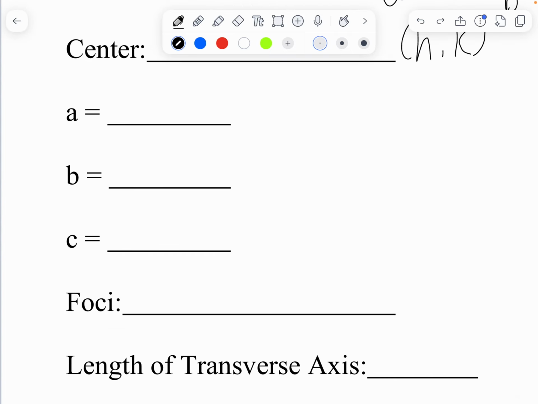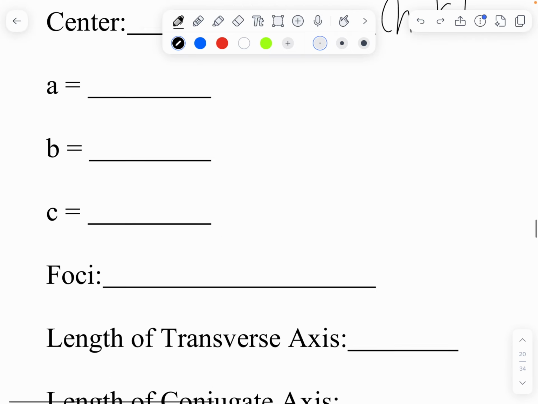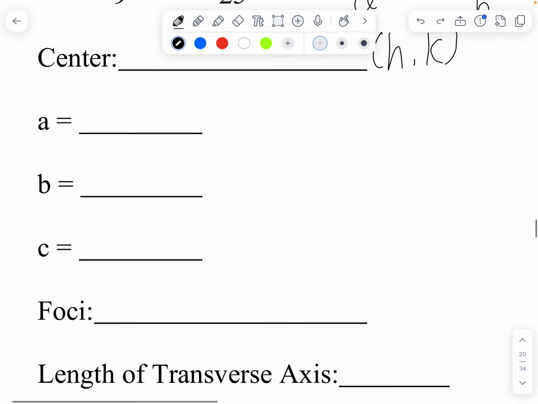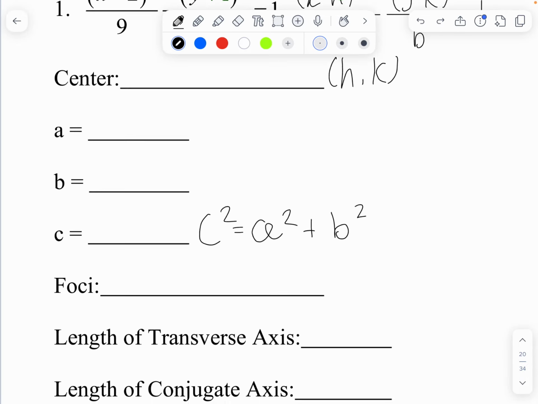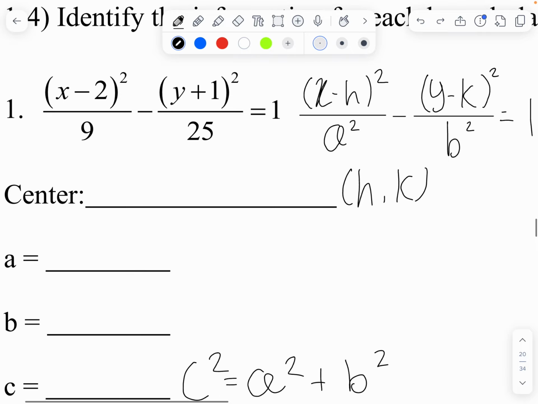For a hyperbola, c squared equals a squared plus b squared. Now your math teacher might say that for a horizontal hyperbola, the value of b is irrelevant, but I'm going to show you later that it really isn't. Okay? So let's start filling these out.